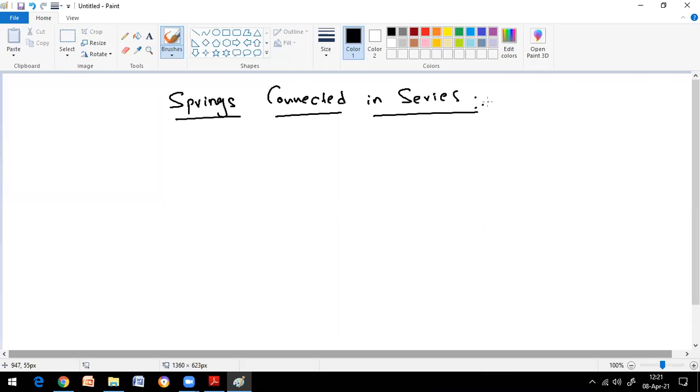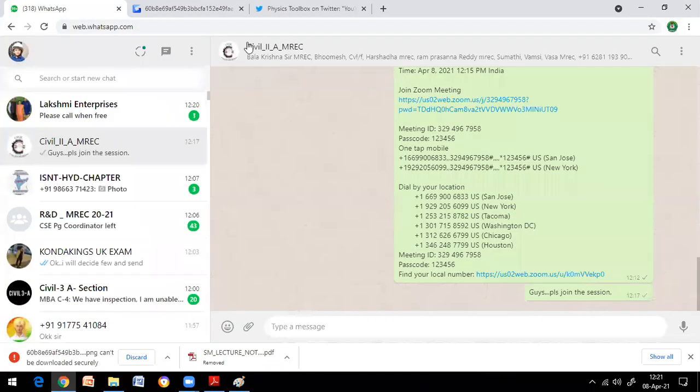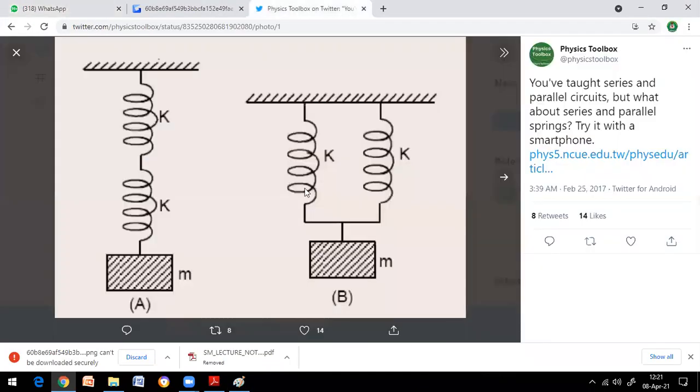Based on that, we can understand the real applications of springs where they are going to be connected in series. Let's see this picture. This picture shows clearly where one end of the spring is fixed, and the other end is subjected to a load. Here you have two springs. The load is going to be common, right?